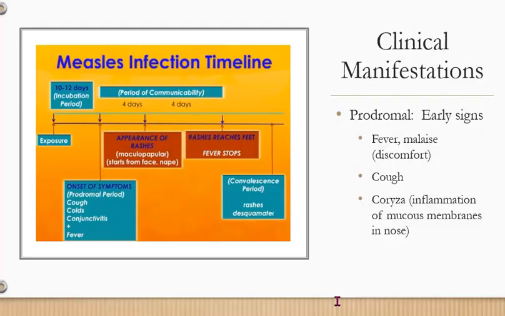Appearance of rash comes around day 4 after the exposure. Rash usually reaches the feet around the 5 to 6 day mark. With the onset, the child could have cough, cold, conjunctivitis, and or fever.